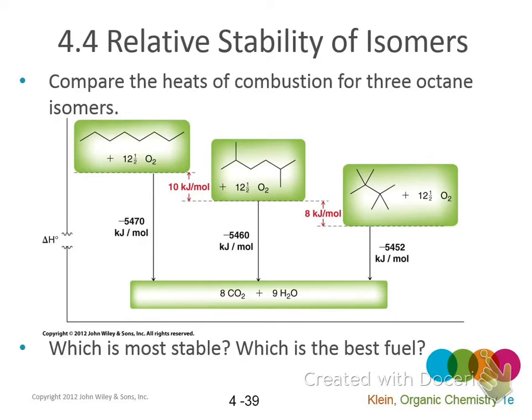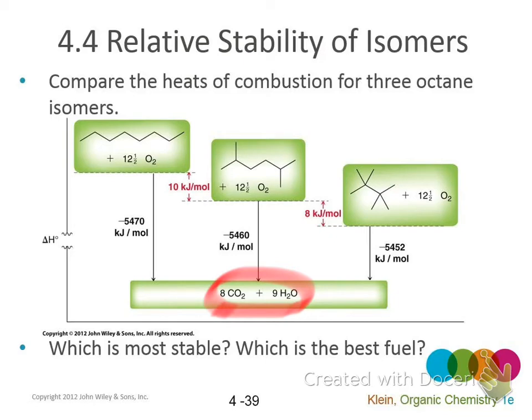So here are 3 isomers of octane, okay? And their heats of combustion, so how much energy you get when you burn it. Now, it's octane. So for every single one of these, the number of CO2s that you get and the number of H2Os that you get are exactly the same.